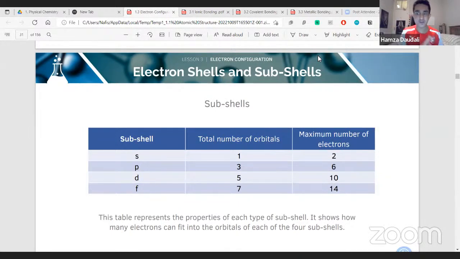Again, something you come across in the transition metals topic in A2, you'll end up realizing that there are exceptions to this rule, and there are ways that this does change. But I won't go into too much detail about it now. I'll go into more detail when we do transition metals.